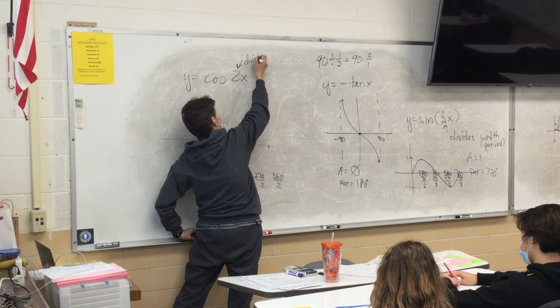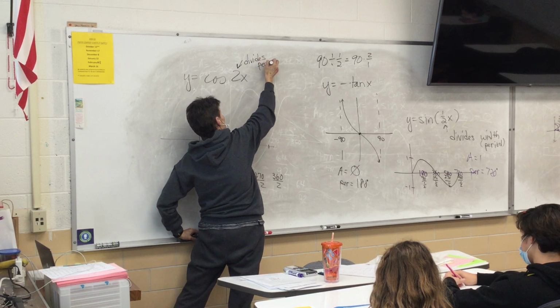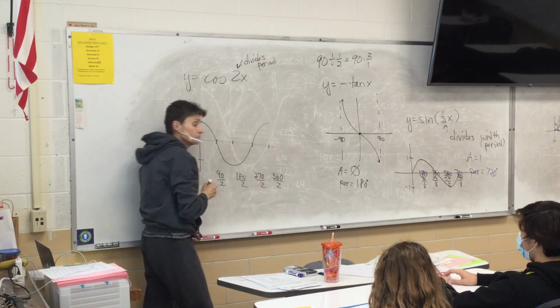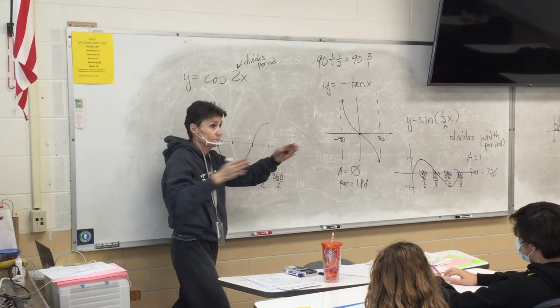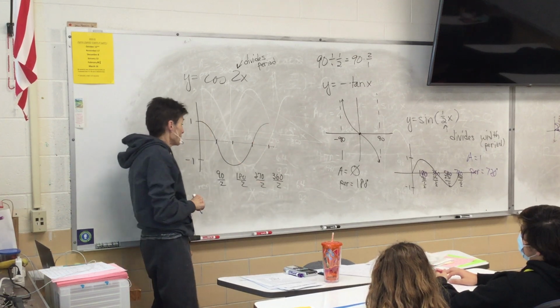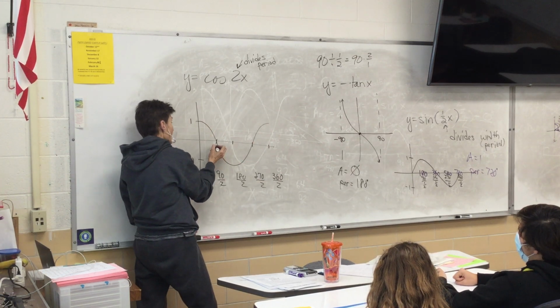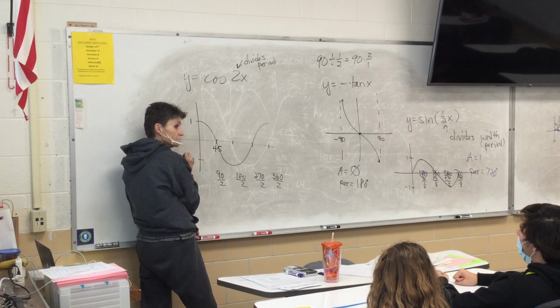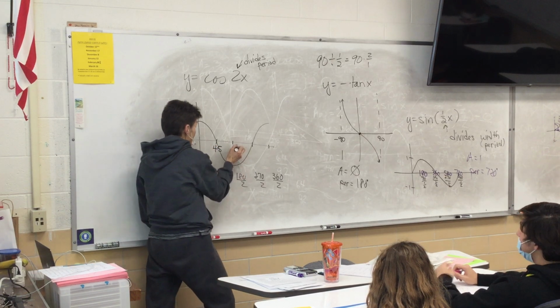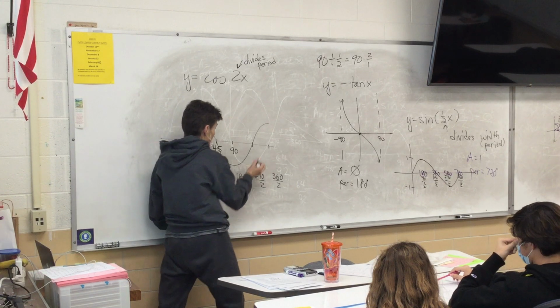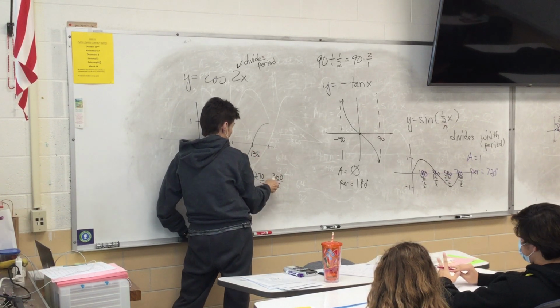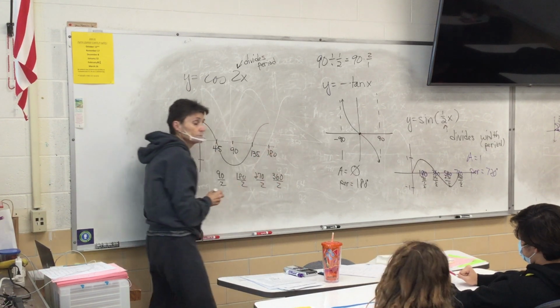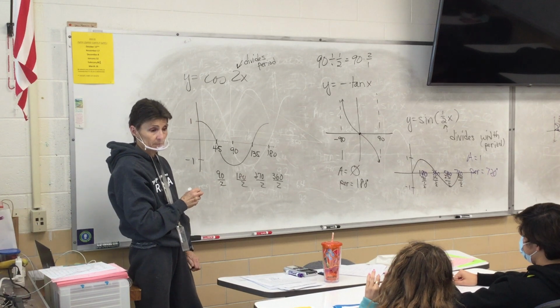It divides the period, or the width. So this label is now 45 and 90 and 135 and 180.